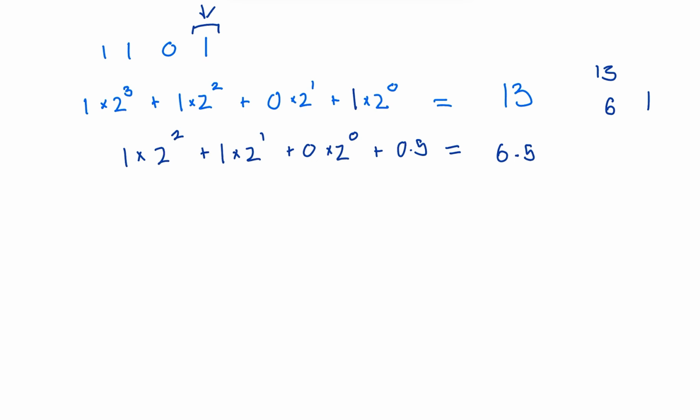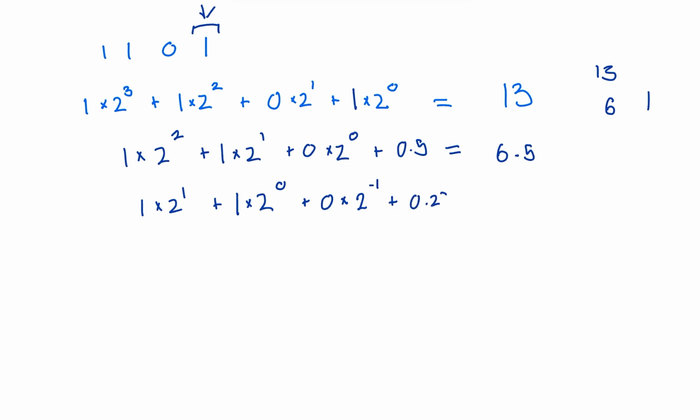Let's continue this train of thinking for the next step. Okay, so we're going to divide by 2 again. 1 times 2 to the 1 plus 1 times 2 to the 0 plus 0 times 2 to the negative 1 plus, so we're just going to divide this by 2.